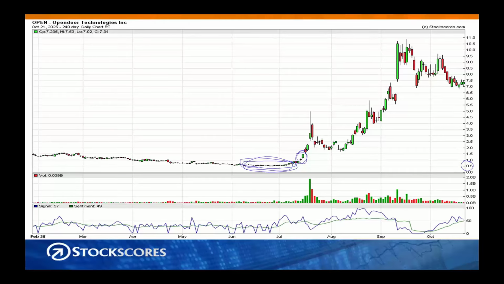Now, the reason that that's important is because if all of a sudden you break out from that low volatility price range, like we had happen right here, where you break from low volatility with abnormal activity, that is often caused by some new information that comes into the market and justifies people paying more for the stock.